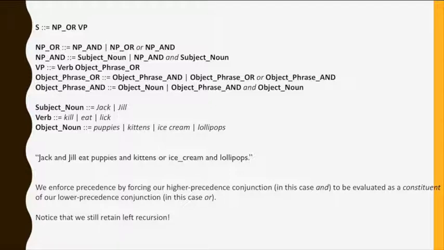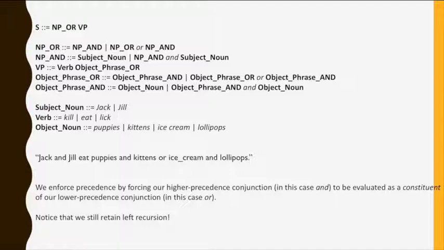Yeah, because we want it to come at the bottom of our parse tree. I guess that means that our and operator we would want to be a part of, or a constituent of, so to speak, our or operator. So how would we enforce that?